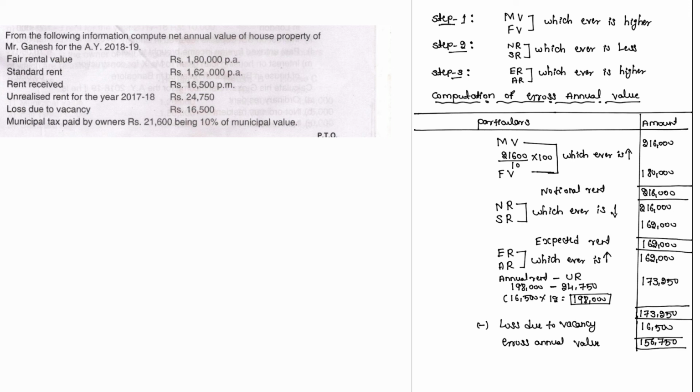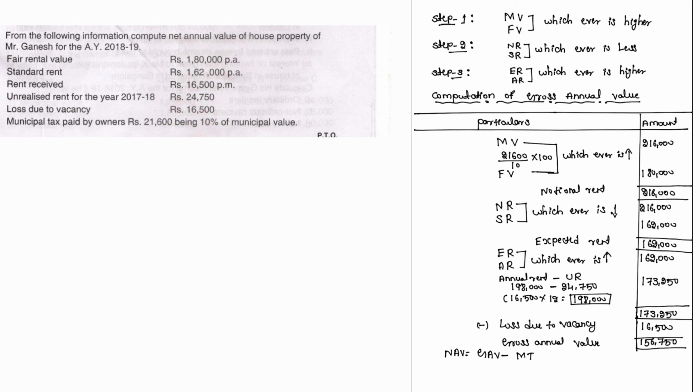So what we have to identify? We have to identify net annual value. Net annual value is equal to gross annual value minus municipal tax paid by the owner.